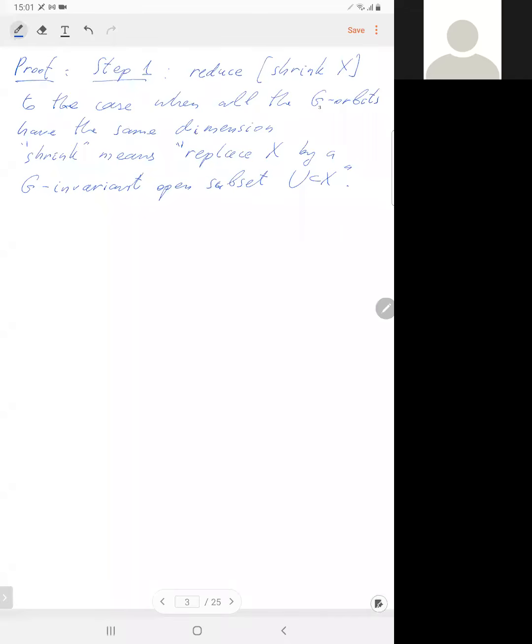I claim that the set of points x such that the dimension of their G orbit is less than whatever d is closed in X.